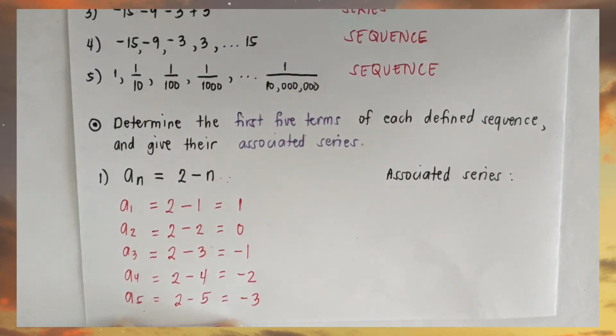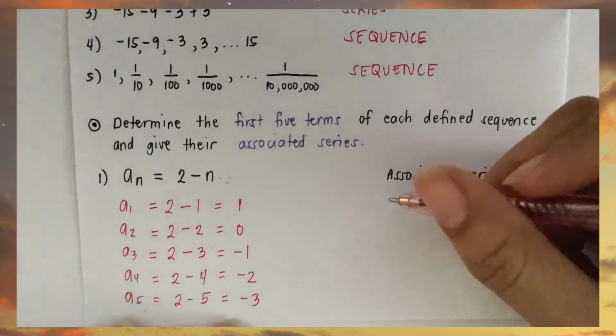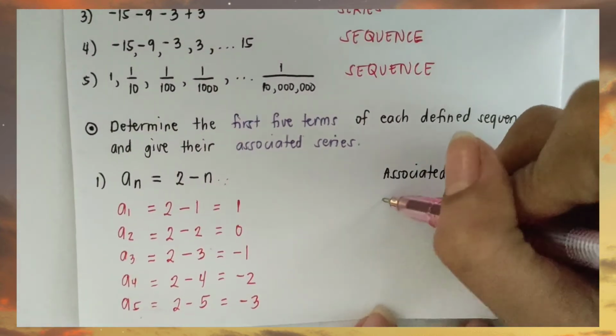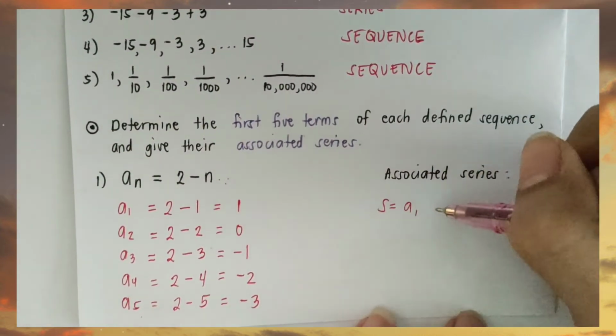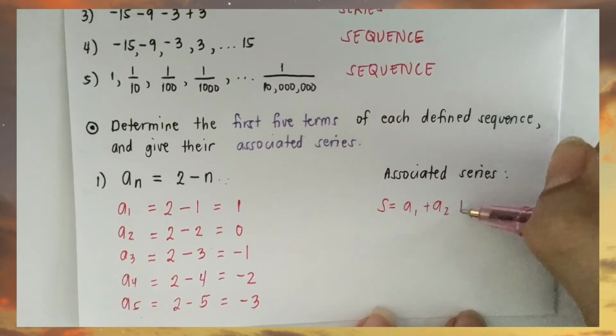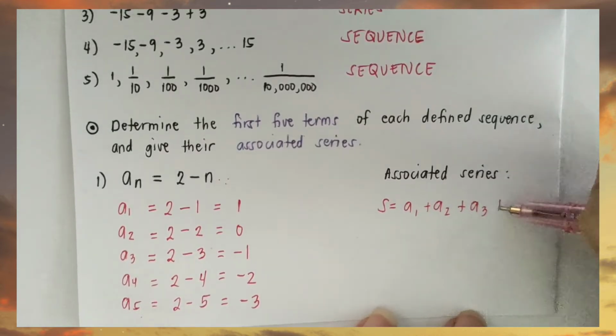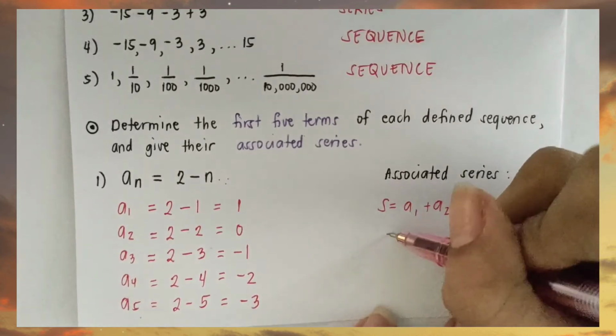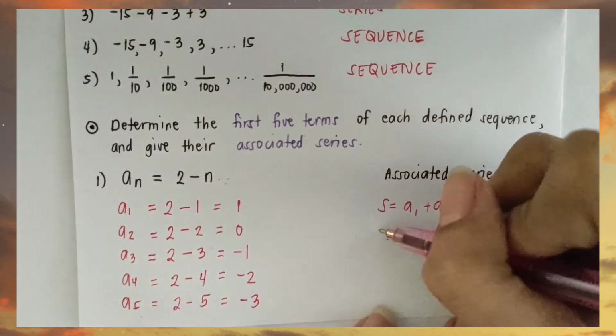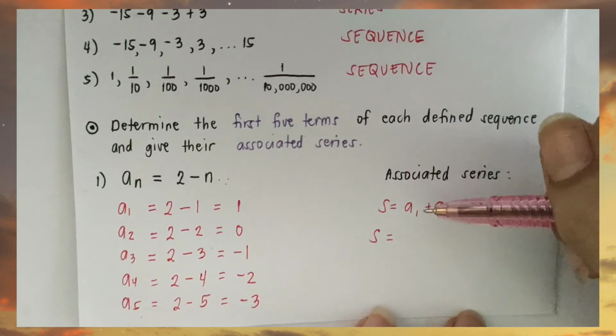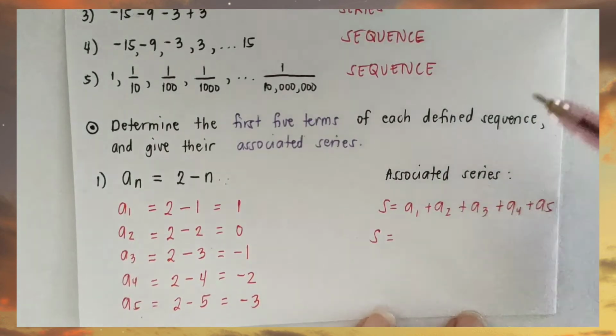Therefore, for the associated series, we will write it as S is equal to A sub 1 plus A sub 2 plus A sub 3 plus A sub 4 plus A sub 5. We will just input the values of our answers for A1 up to A5.